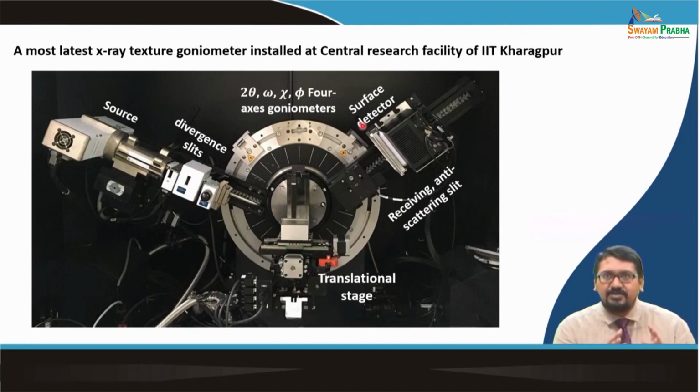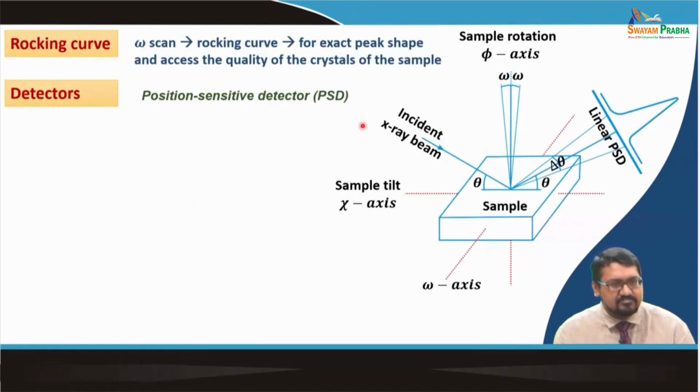We will show why it is not up to 90 degrees, because of the defocusing status, where the incident beam becomes almost parallel to the sample surface. We will talk about that later. So, this is about the different kinds of components that are present in the X-ray texture goniometer.